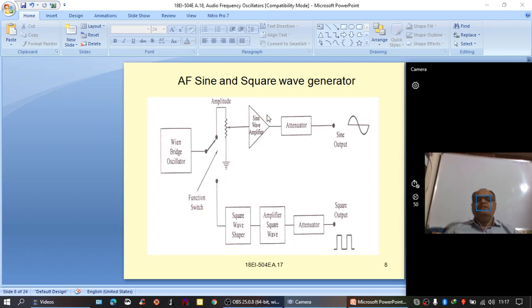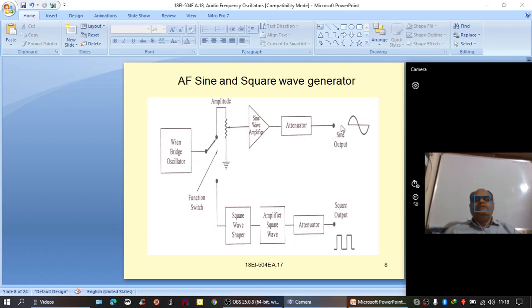Then that signal is given to an amplifier followed by an attenuator circuit. This attenuator is used for selecting the range of the amplitude, either multiplied with 1 or multiplied with 10. Whereas this potentiometer is used for continuous adjustment of the amplitude.